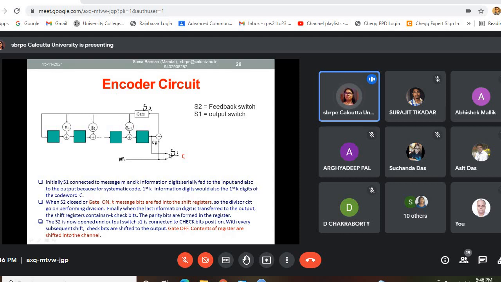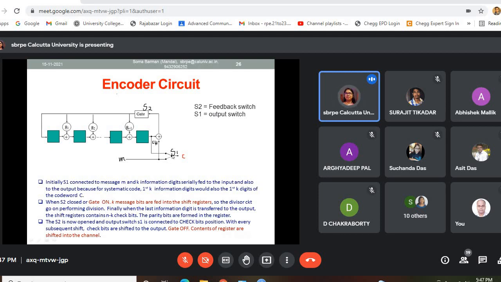There are two gates, S1 and S2, or you can say two switches. S1 is the output switch, S2 is the feedback switch, and M is your message information. The message may be 1000, or 1001, any one of the messages. So initially, what happened?